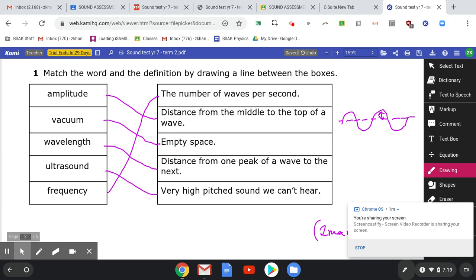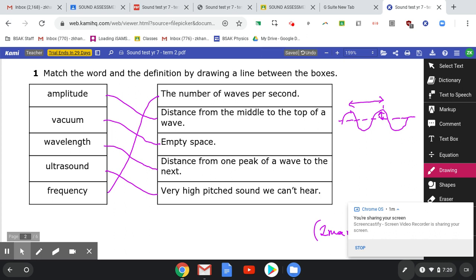Wavelength is the distance from one peak of a wave to the next. So on the same picture, there's a peak, and the distance from there to there is what we call the wavelength. Okay, ultrasound.